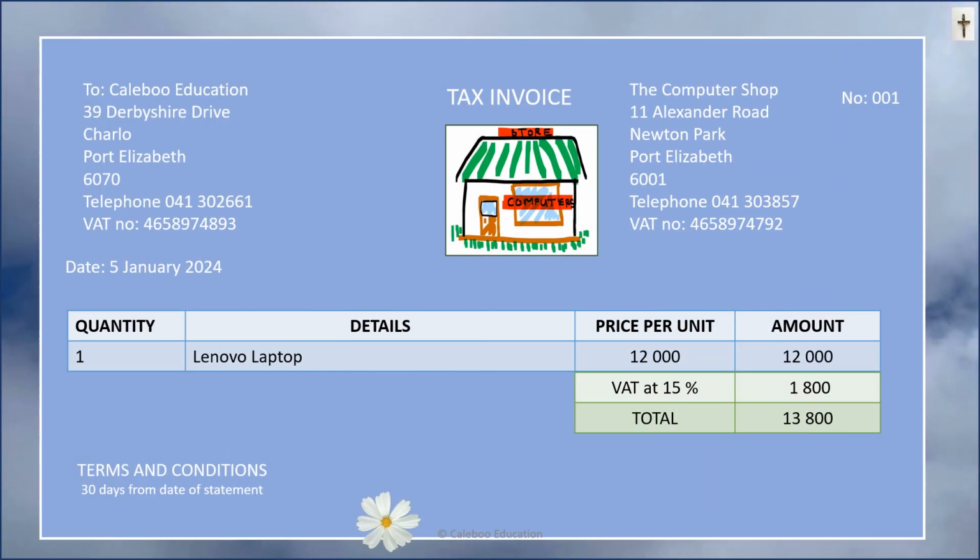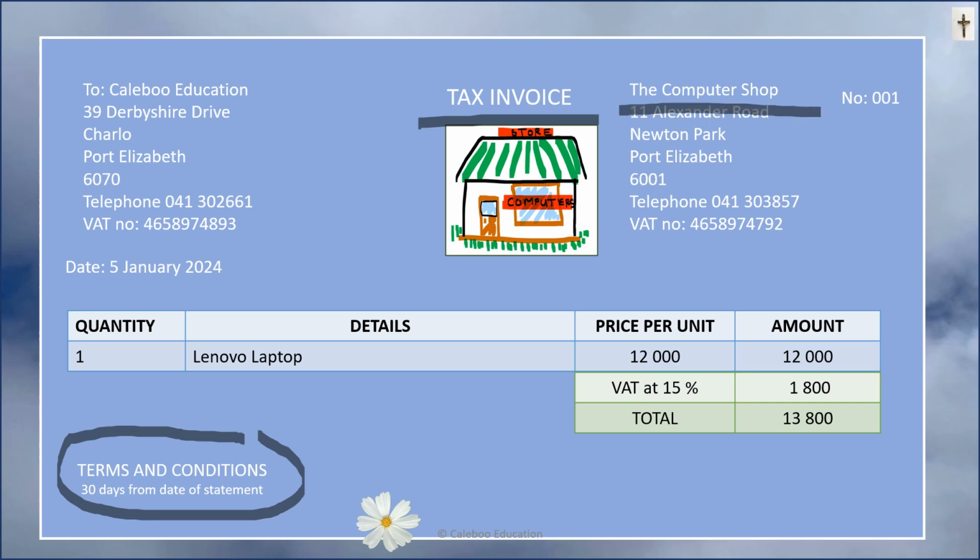This here is an example of an invoice that we've received from the computer store. So it's a credit tax invoice. It could say credit invoice, and the reason we know it's a credit invoice is because there are terms and conditions with regard to this invoice.